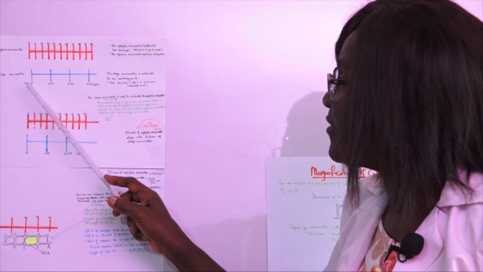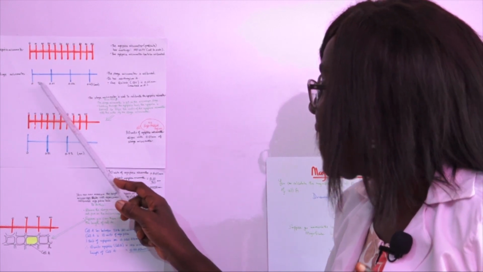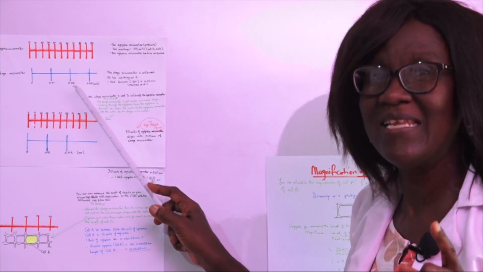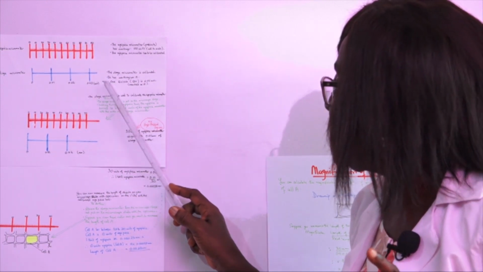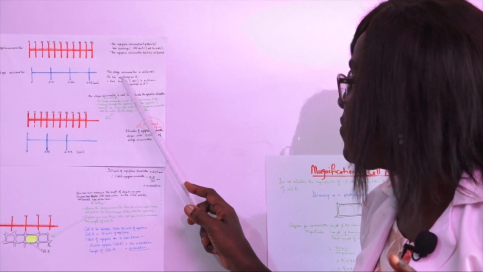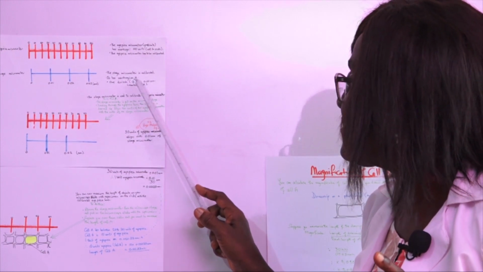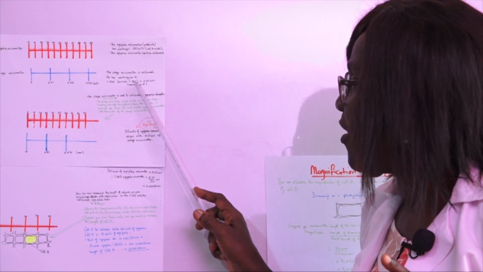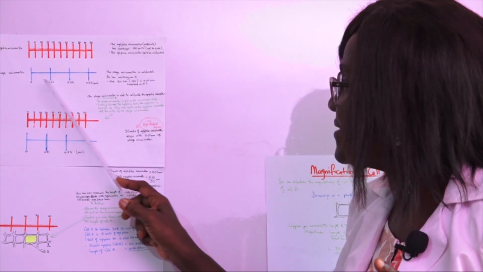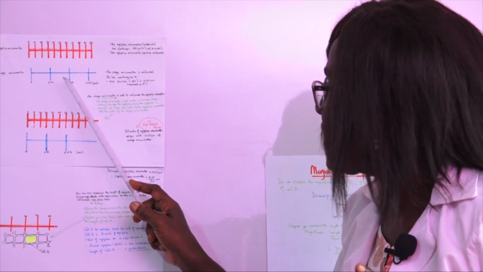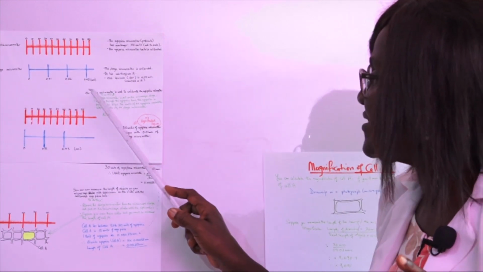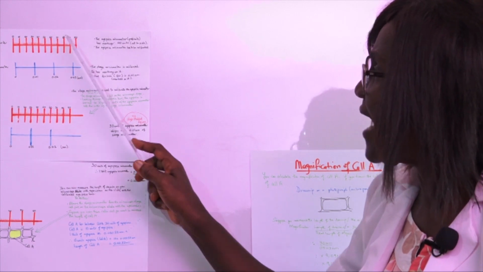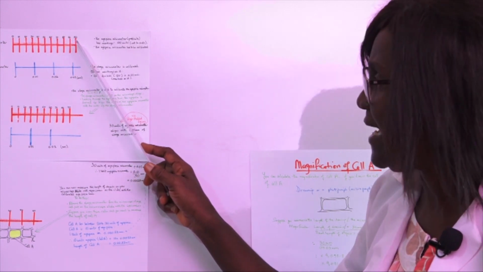The stage micrometer has these units on it. It is calibrated; the calibration is written on it. You see, one division is 0.01 millimeter on the scale. So the stage micrometer is used to calibrate the eyepiece micrometer.